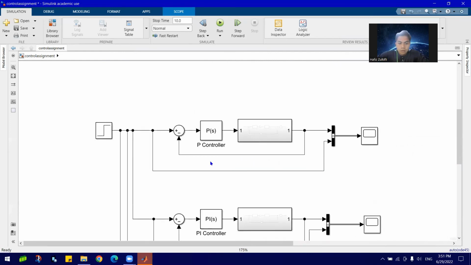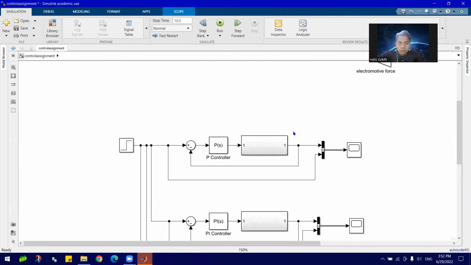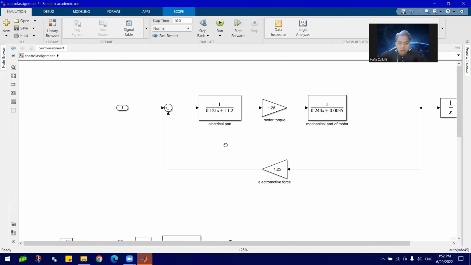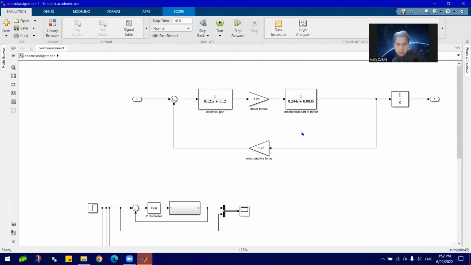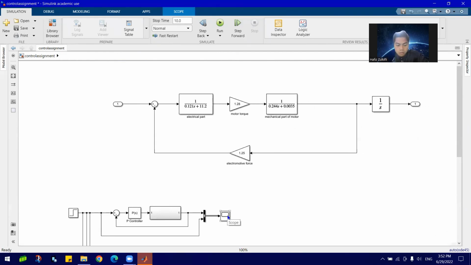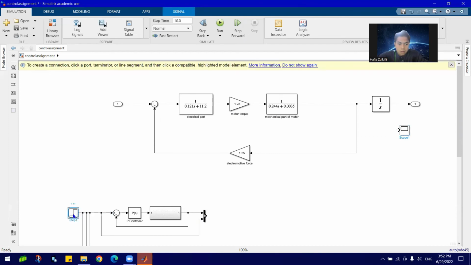So for the result without the controller, we can use here.